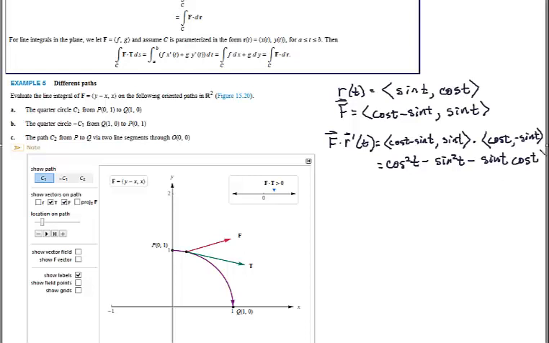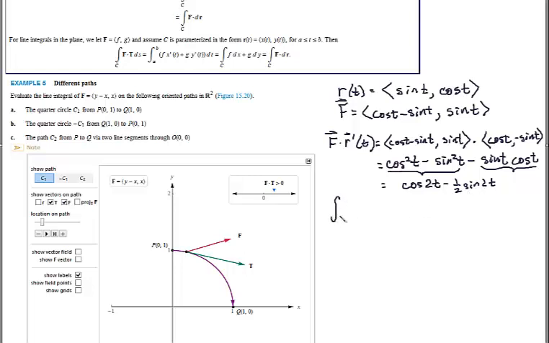I could write this a little simpler using some trig identities and just say that this part right here is cosine 2t minus, and I could write this thing as 1/2 sine 2t. That will make it a little easier to integrate.